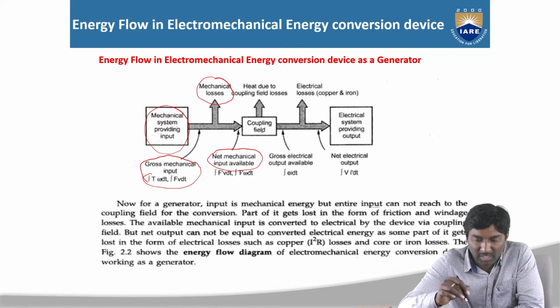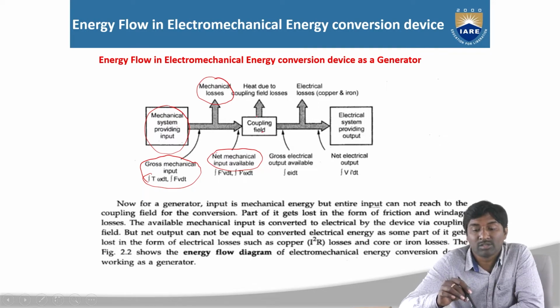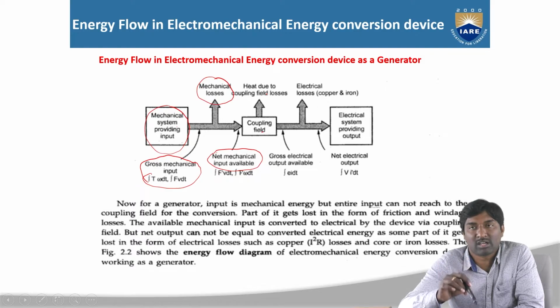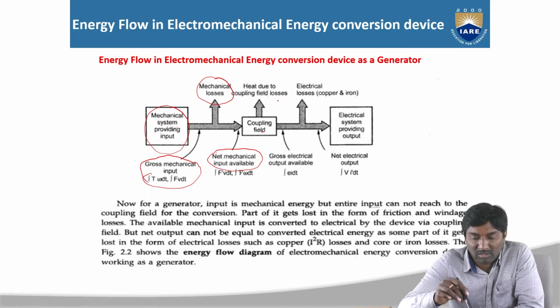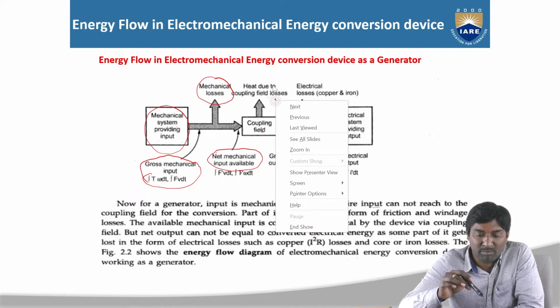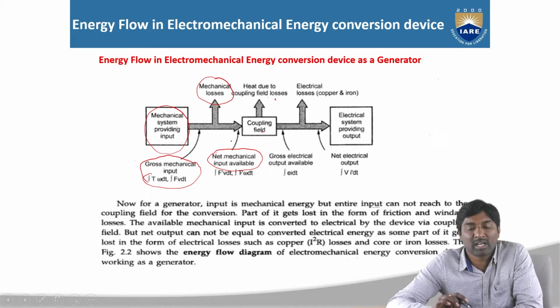The coupling field heats up, giving the coupling field losses. These are subtracted from the net mechanical input available to the coupling field, and then I get the gross electrical output available at this point.